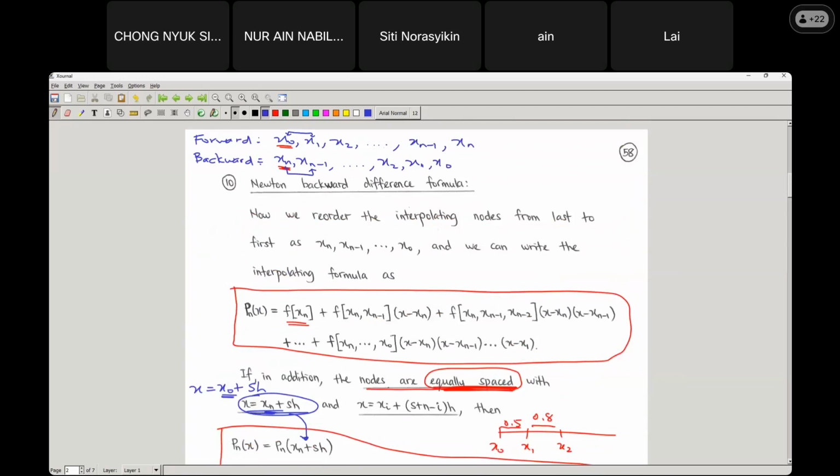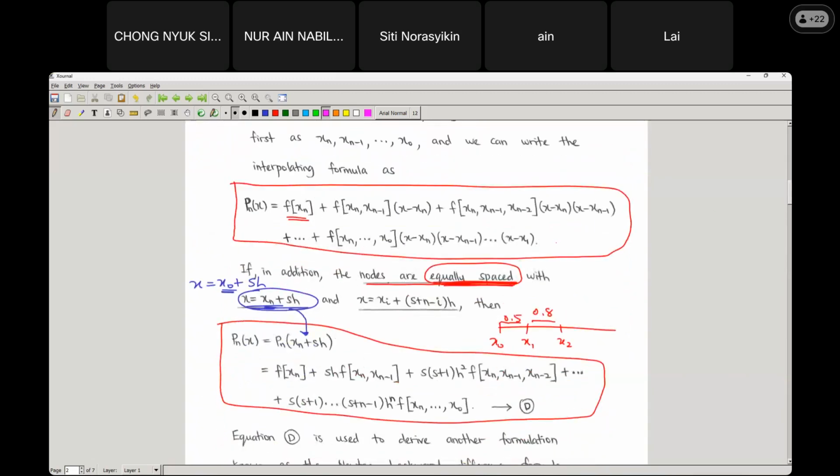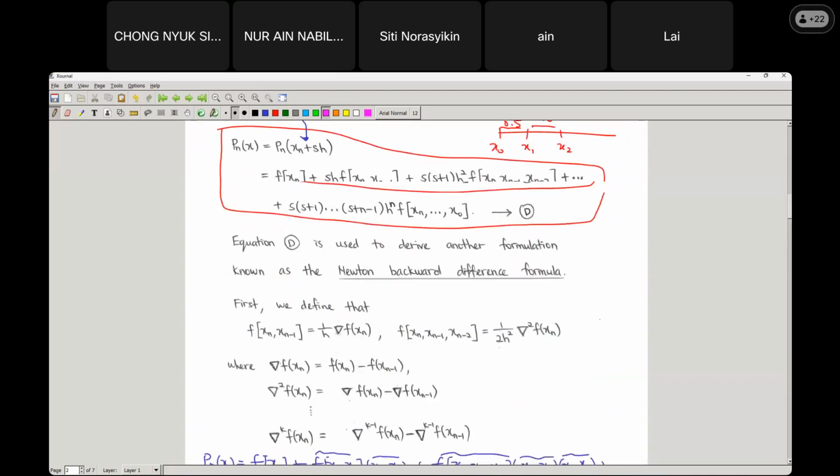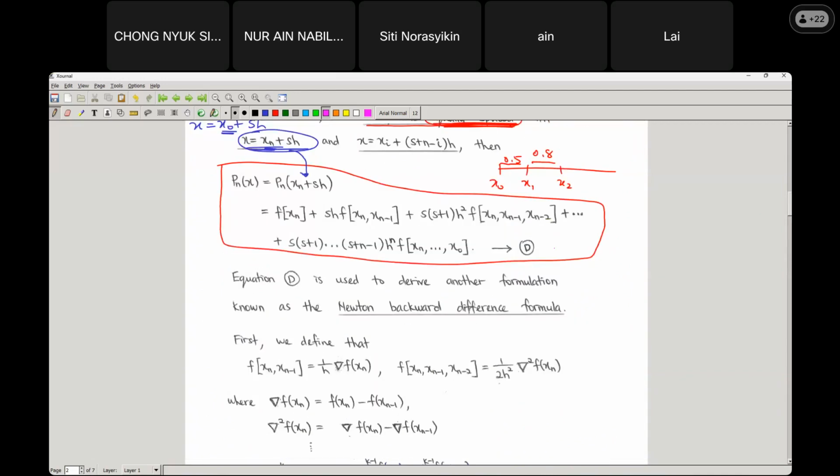If you take x0, x1, x2, these three, then next here you have x minus xn minus 2, so you're going to take these three. So you just go the opposite way. So this is the formula. What you need to do is substitute your x minus xn, and you will get this formula, equation D.